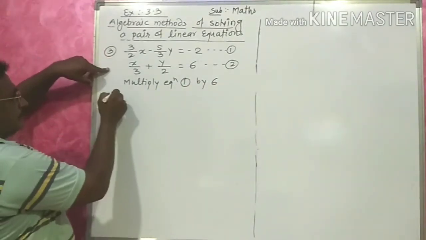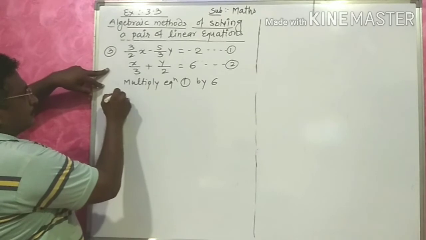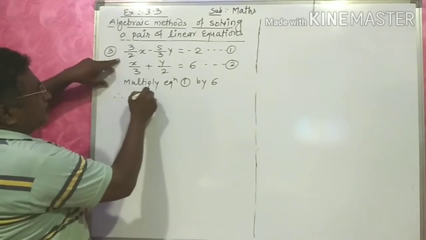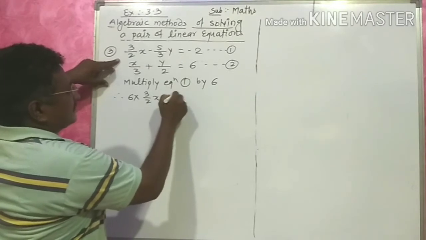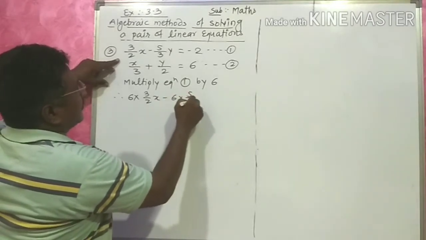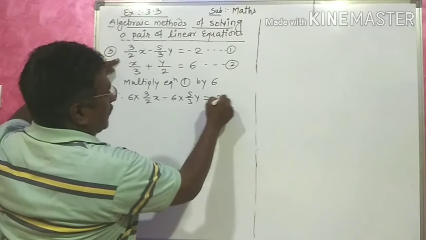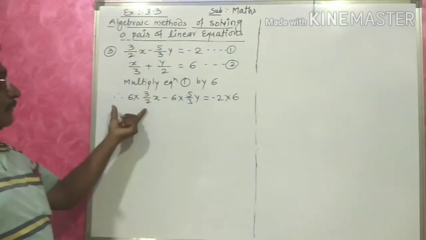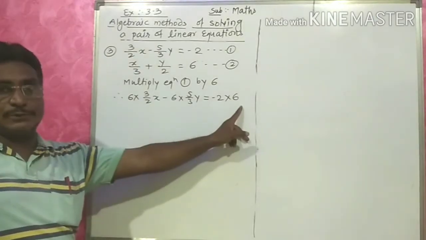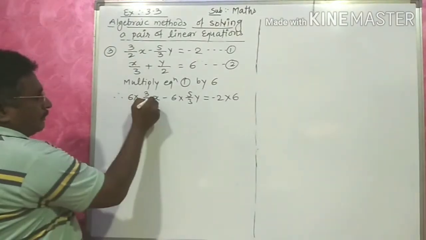So what will we get? Therefore 6 into 3 by 2x minus 6 into 5 by 3y equals to minus 2 into 6. Not only one term, we have to multiply all the terms. Understood?